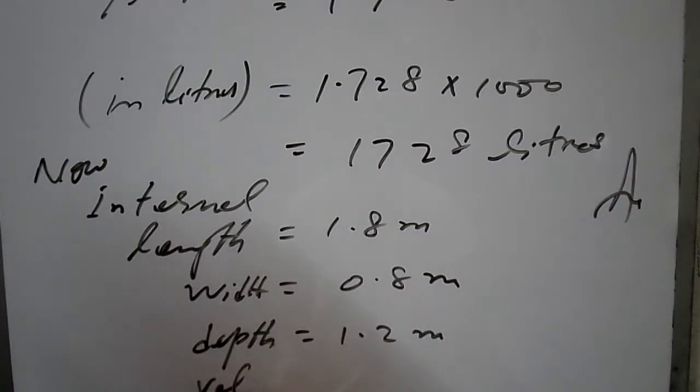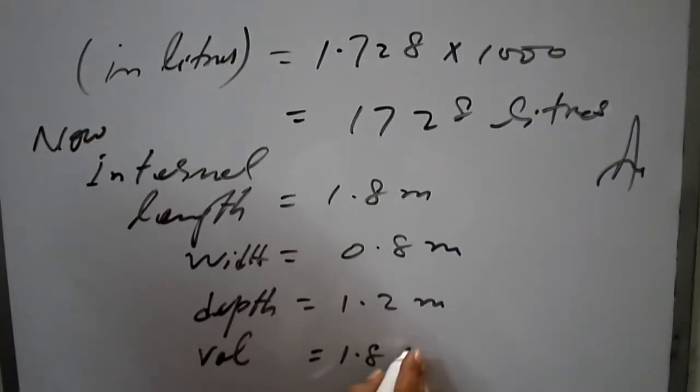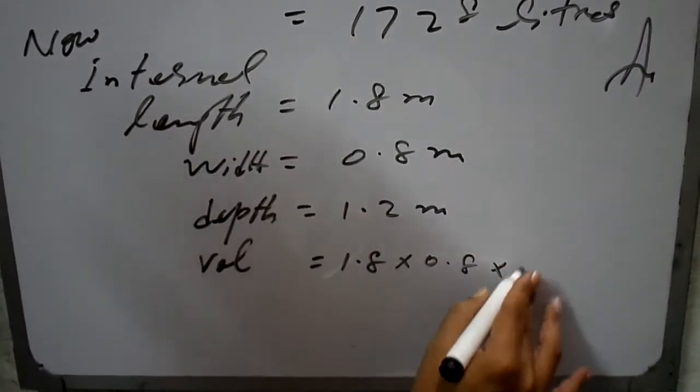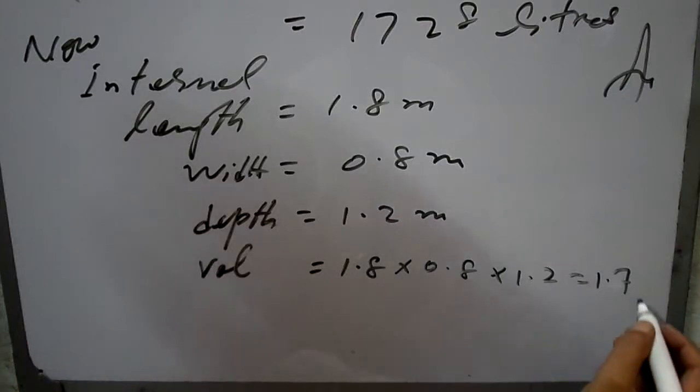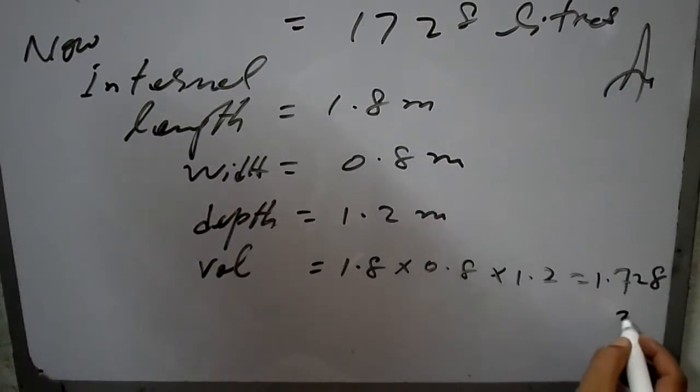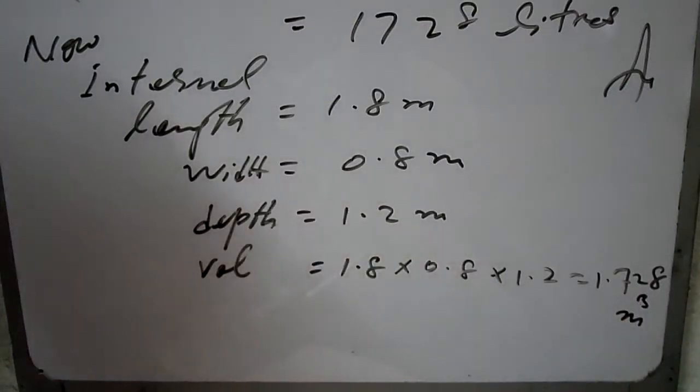So volume is equal to 1.8 multiplied by 0.8 multiplied by 1.2, which is 1.728 meter cube.